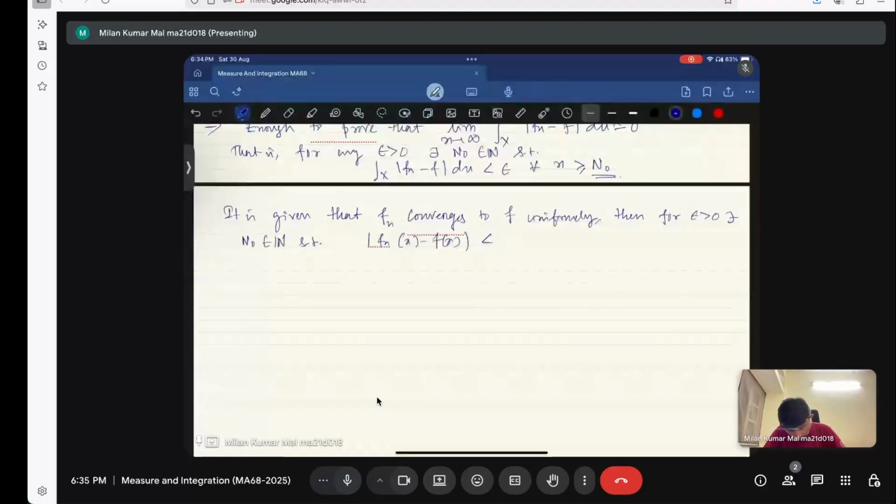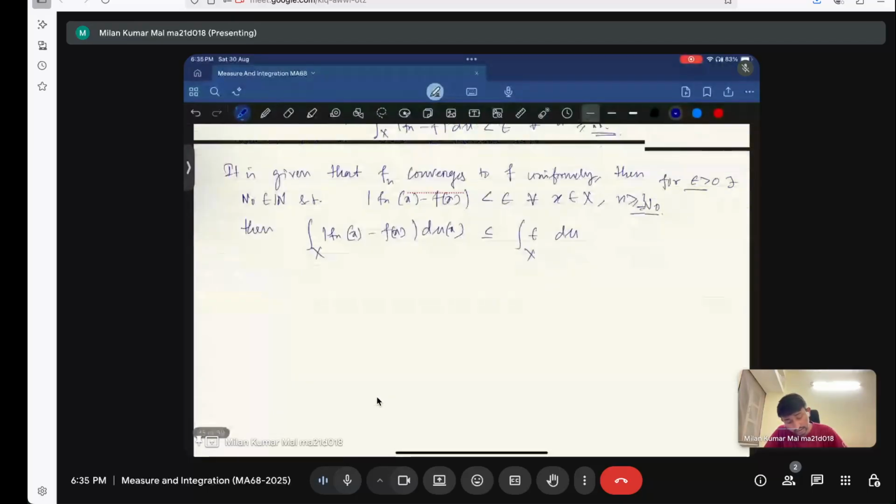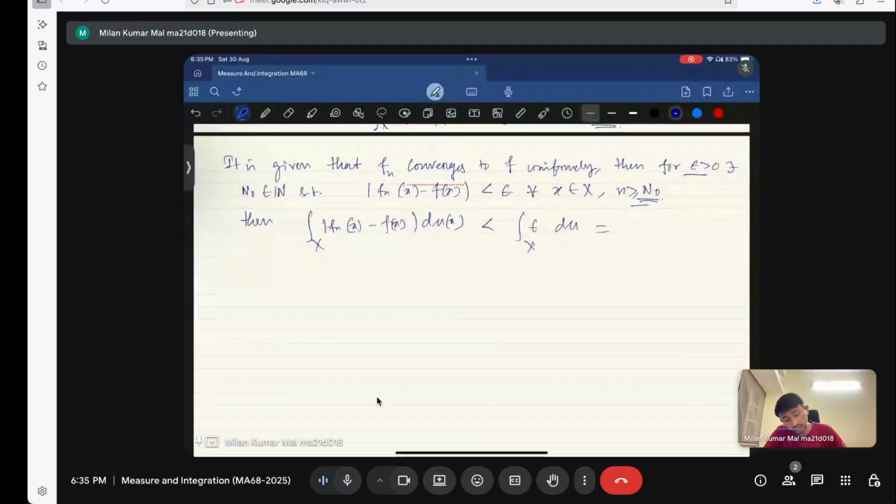Then the integral of mod of f_n(x) minus f(x) d mu(x) is less than or equal to the integral of epsilon d mu, which equals epsilon times the measure of the set X, but this is finite.